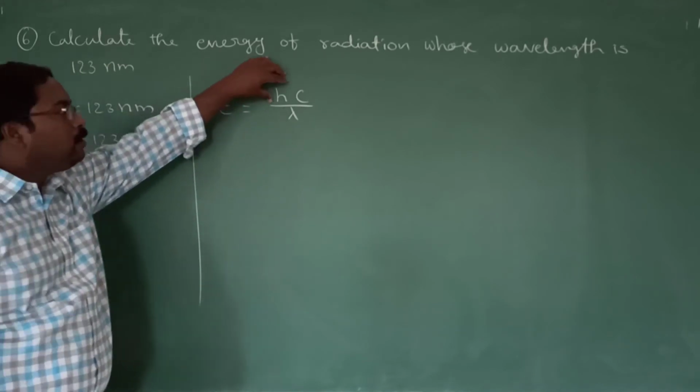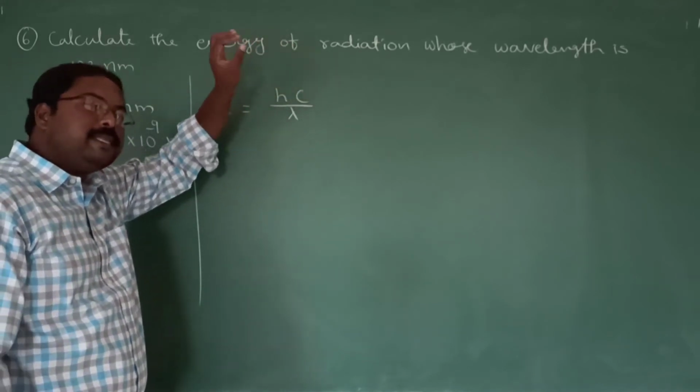H value we know, C value we know, they are always constants. So, in these types of questions, if they give the options in terms of electron volts, I will give you a shortcut to solve the questions fast. Remember, here E is equal to 12375 by lambda.